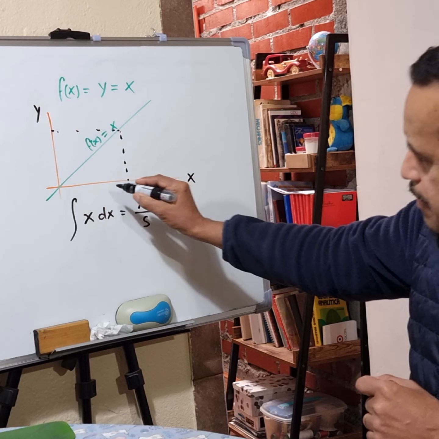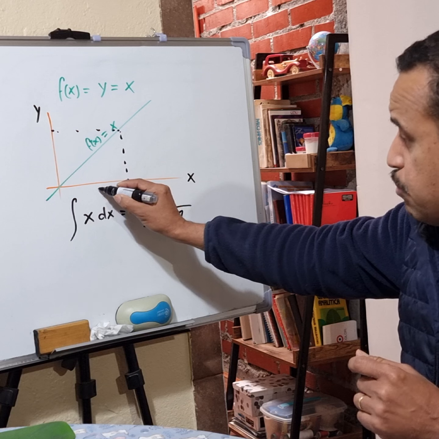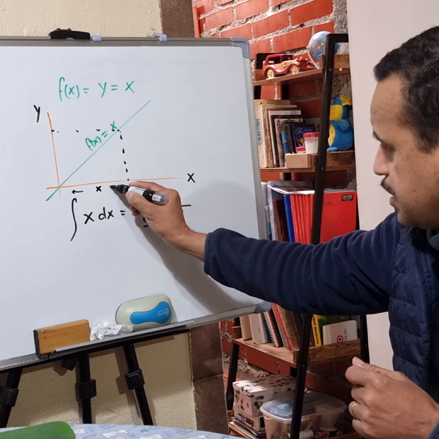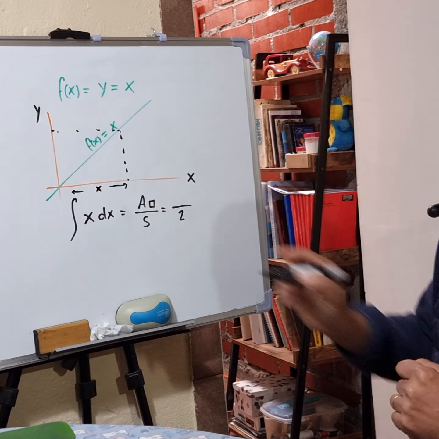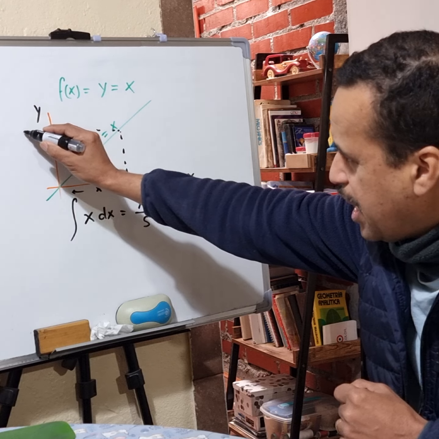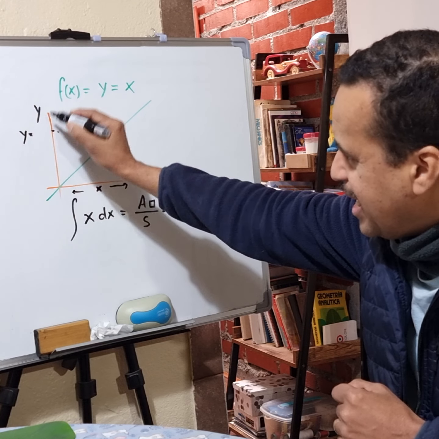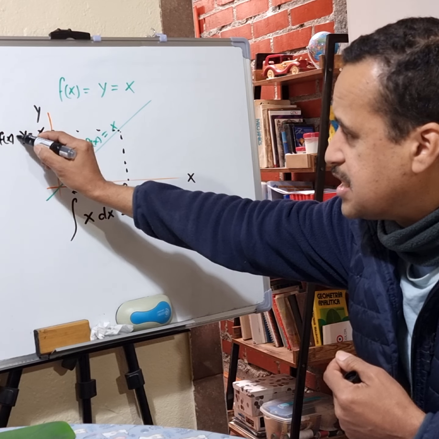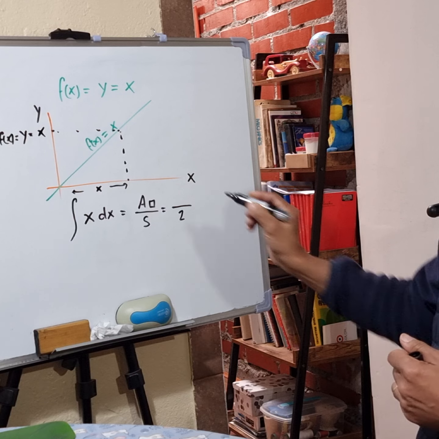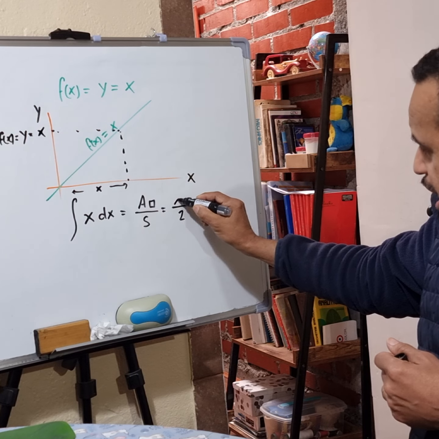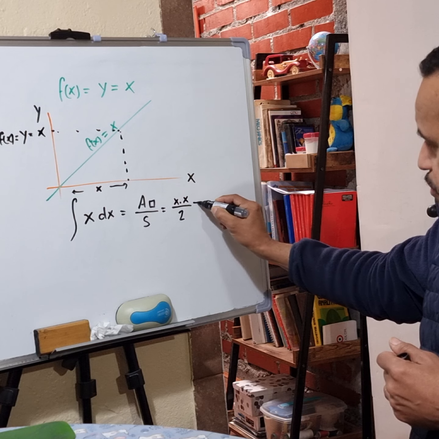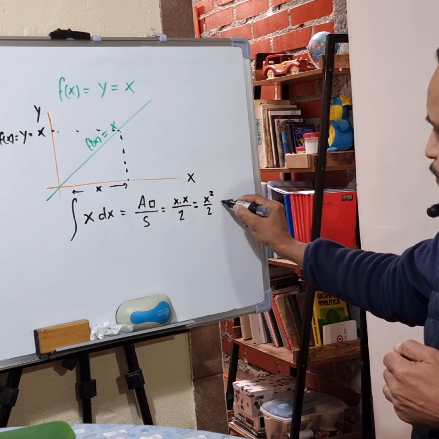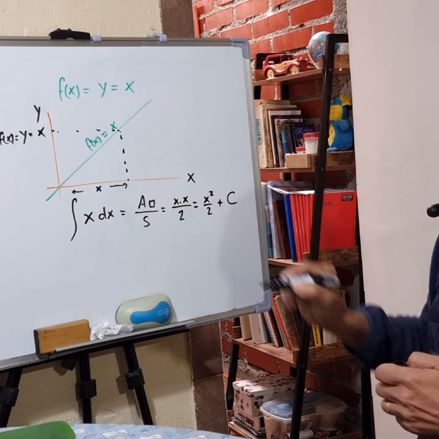This area is calculated by the width, which is s, the distance from this to this, and the height, which is y, which is s, because it's our identity function f(s). Now we have s times s, which results in s squared divided by 2 plus some constant of integration.